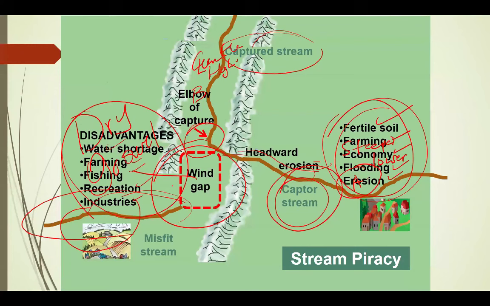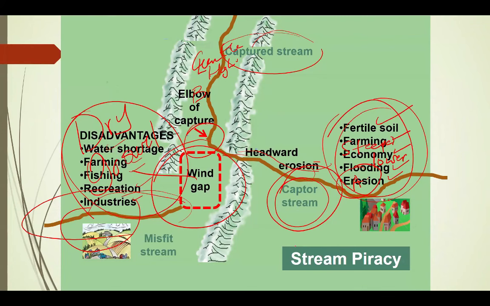So you must be able to respond to what will happen to the people living downstream or what will happen to the streams themselves. The stream that has captured more water is going to have more water. The volume of water increases. The speed of water increases.